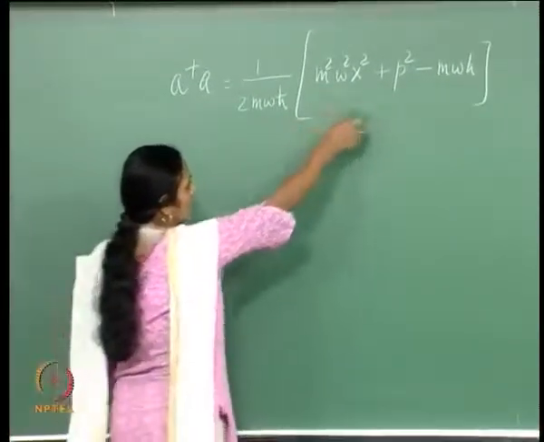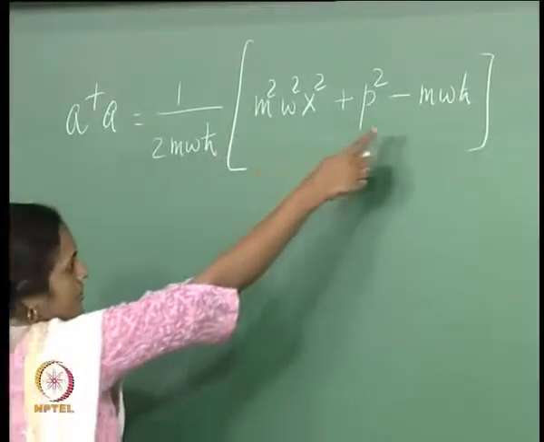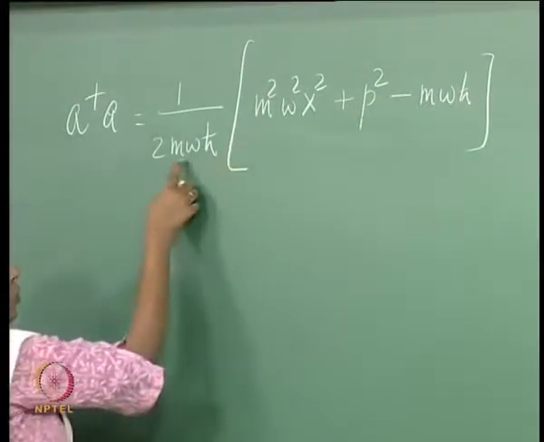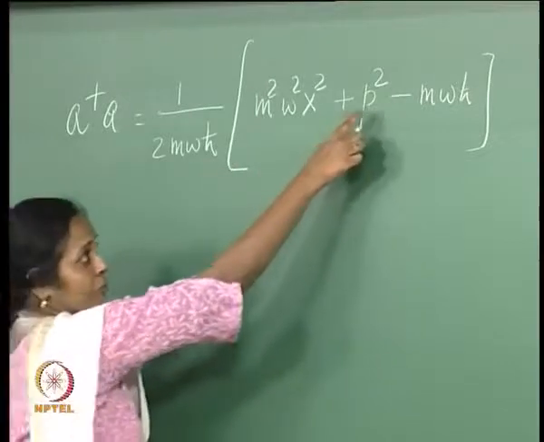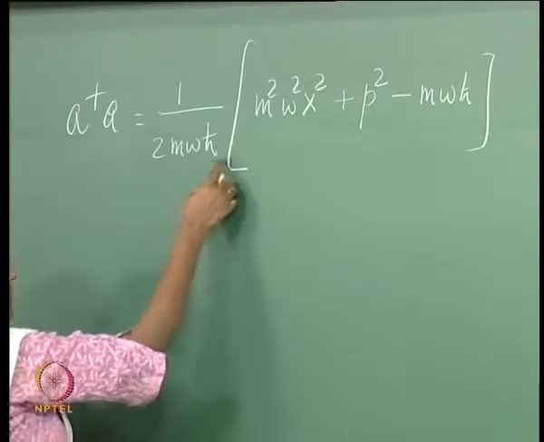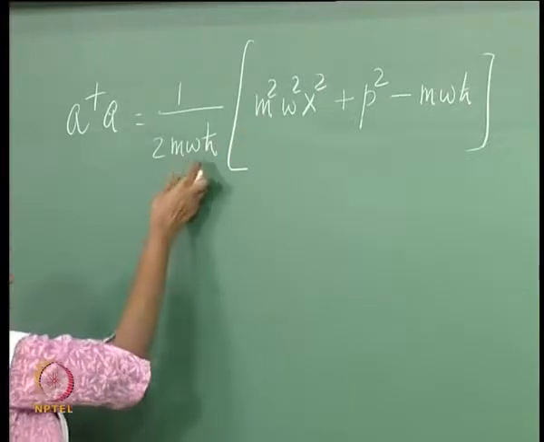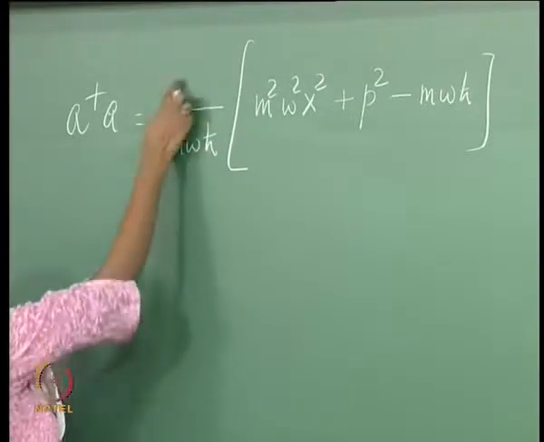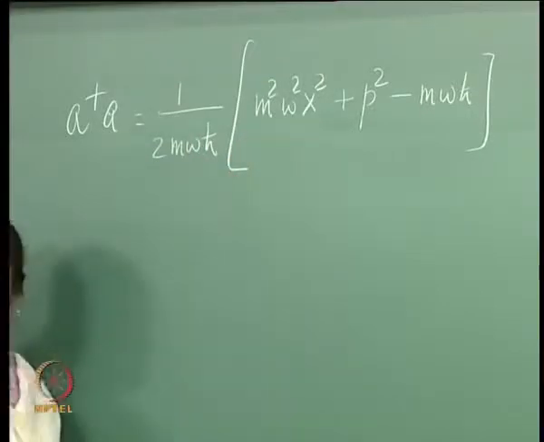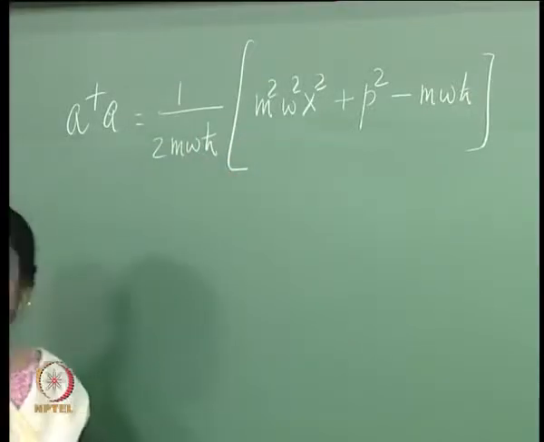So, as you can see, this is dimensionless. m omega h cross has dimensions of p squared, and here I have an m omega by h cross when I combine this factor with m squared omega squared, and that has the dimensions of x squared.